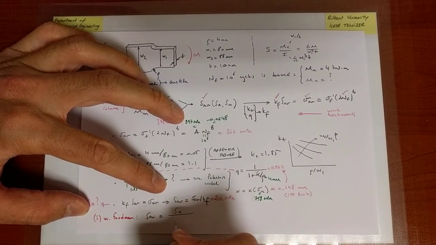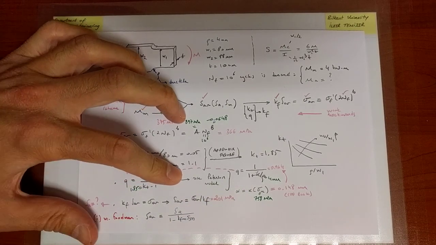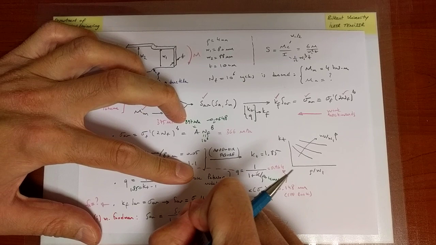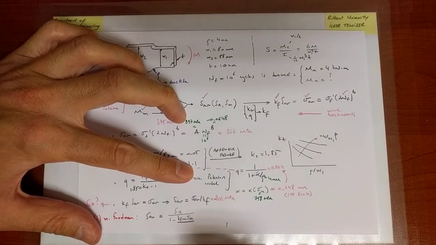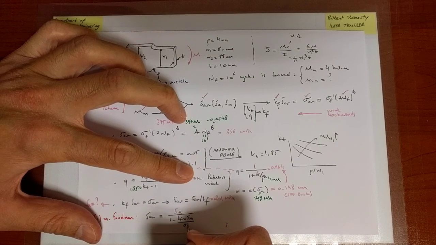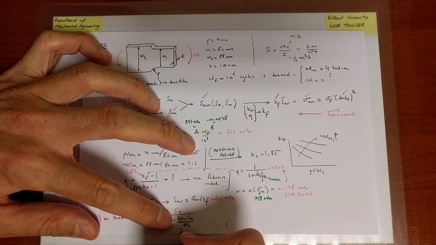So it's SA over 1 minus KFM SM divided by, for modified Goodman, the critical value, sigma u. So sigma u is something we already know.